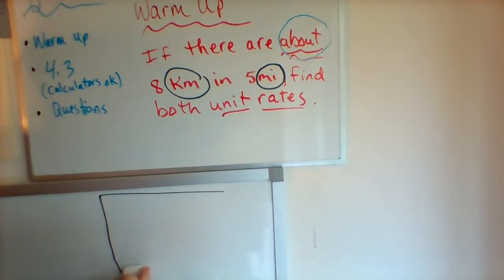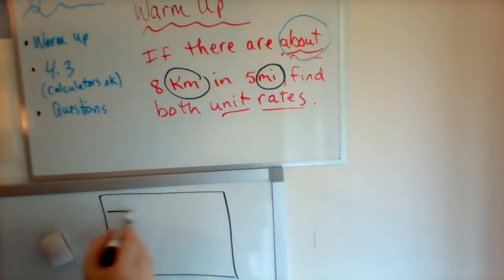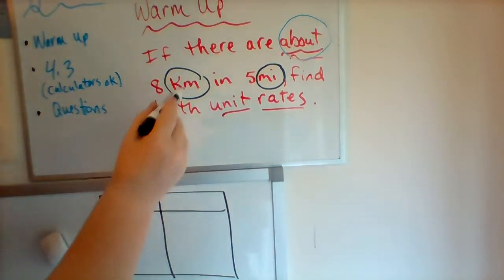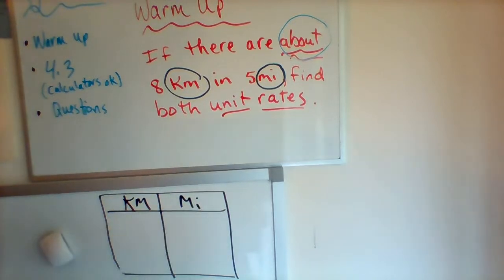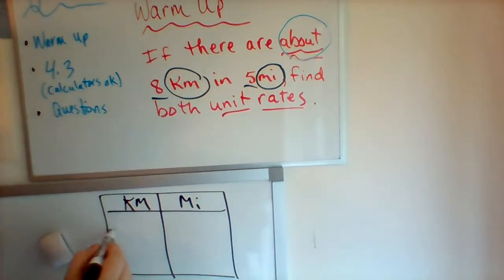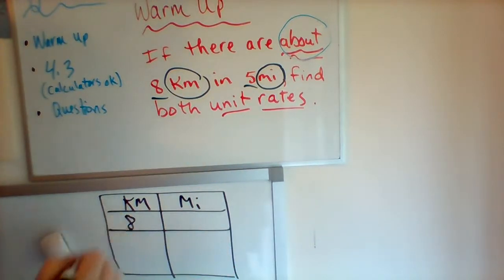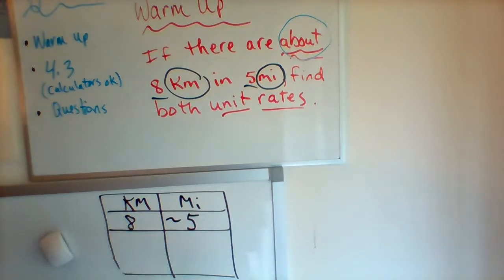And that's not straight. Oh my lord. That's a little bit better. And the given information, we're estimating that for every 8 kilometers, we should have about 5.